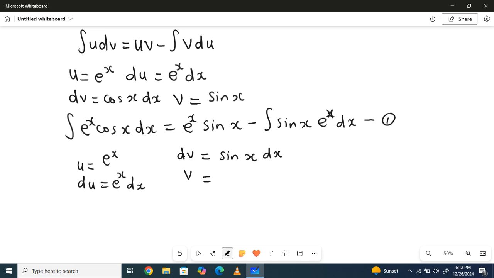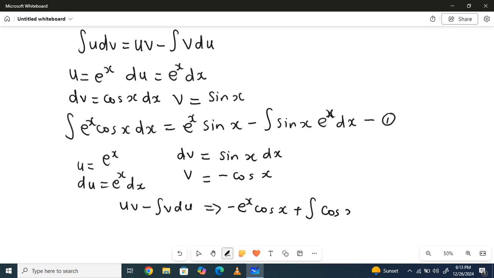If you integrate sin x dx, you'll get negative cos x. We repeat the same process. We will have uv minus the integral of v du, and this gives us uv is minus e^x cos x, minus minus, which gives us a plus integral of v du.